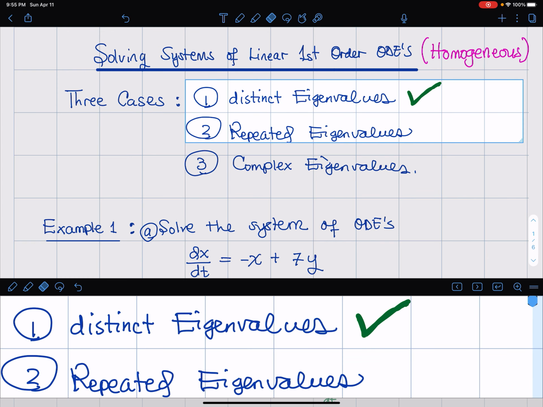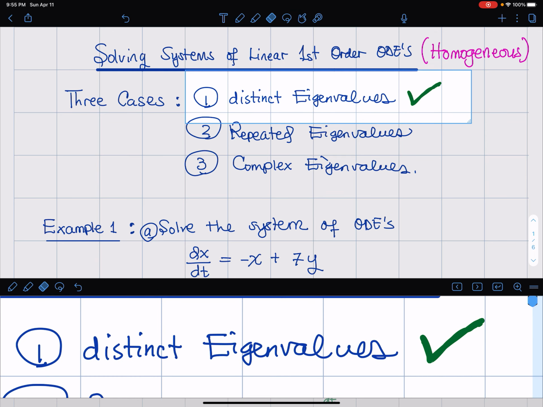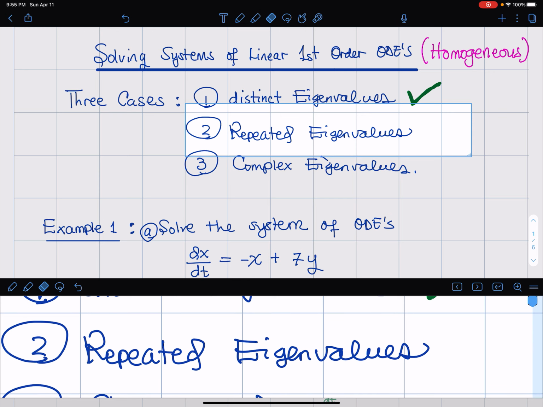And I gave you a problem to try where there are three equations. So today we're going to look at the case where they have repeated eigenvalues, and if we have time, we'll also look at a case where they have complex eigenvalues.